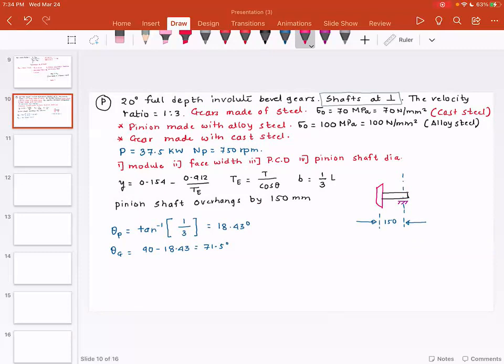Usually the minimum number of teeth for bevel gear is about 20. And so just as a first cut, we will assume the number of teeth on the bevel gear to be 20.